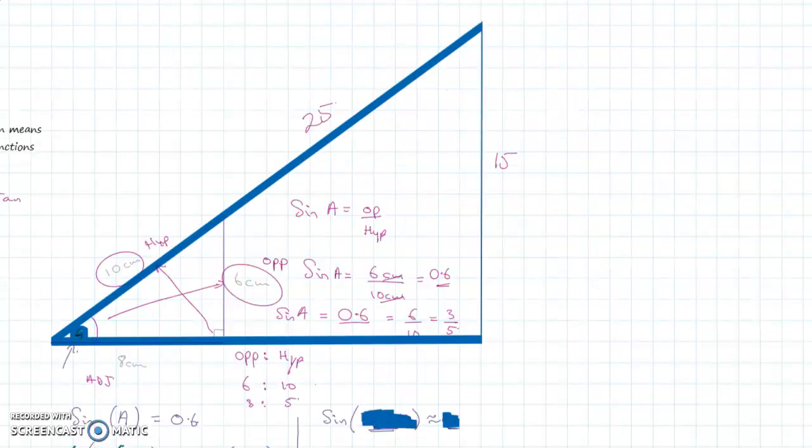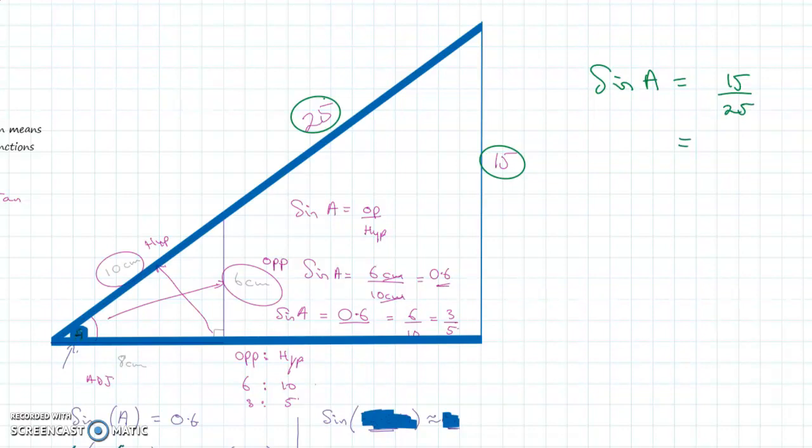So I've made the triangle as big as I possibly can on the screen anyway. So I've got the side opposite is 15, the side hypotenuse is about 25 squares. So that means that the sine of the angle in the corner, sine of A, is 15 over 25.